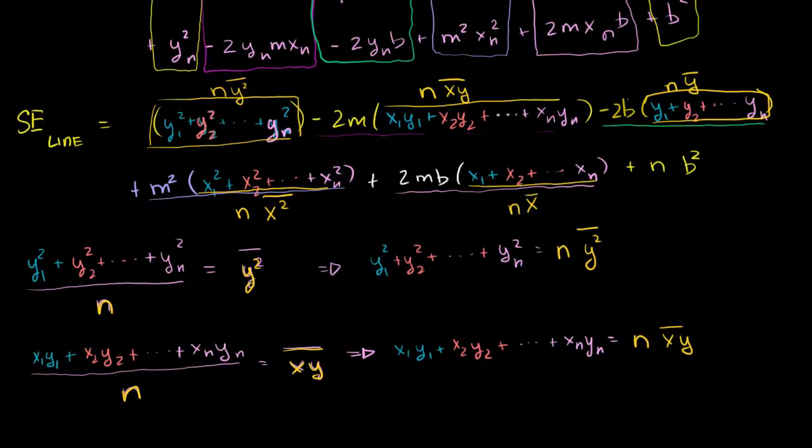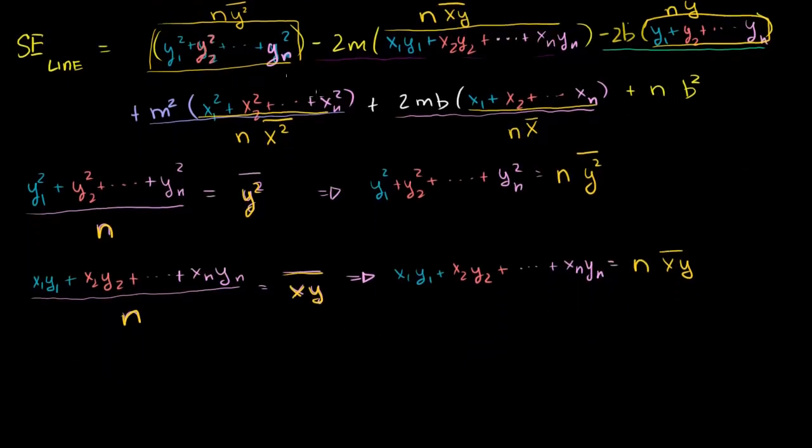So let's rewrite everything using our new notation, knowing that these are the means of y squared, of xy, and all of that. So our squared error to the line, the sum of the squared error from the endpoints to the line, is going to equal, this term right here is n times the mean of the y squared values.